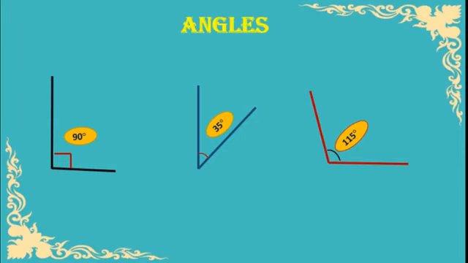Now we will see the names of these angles. This is a right angle because it measures 90 degree. When the angle is equal to 90 degree, that angle is called a right angle.